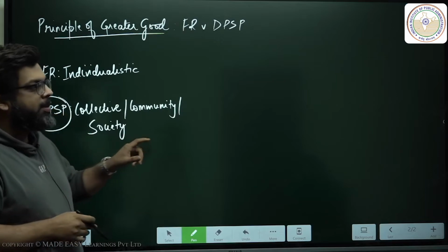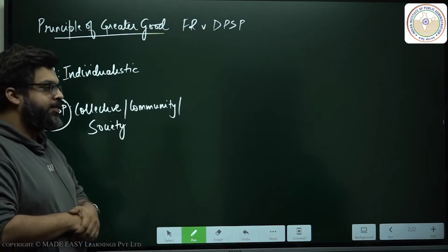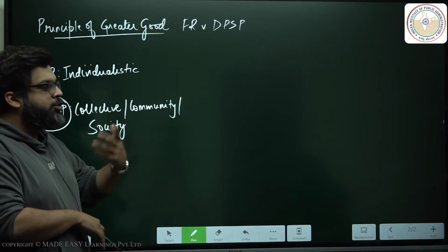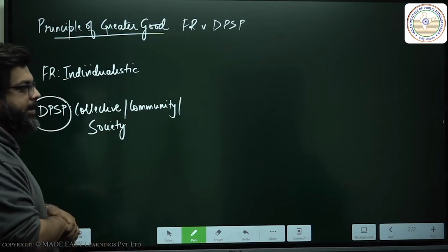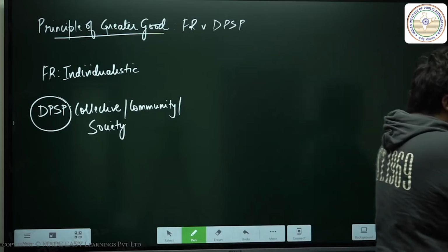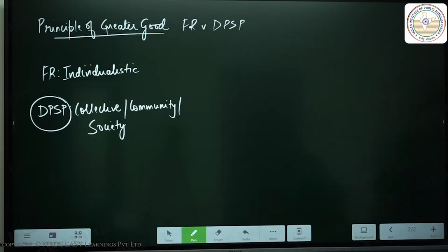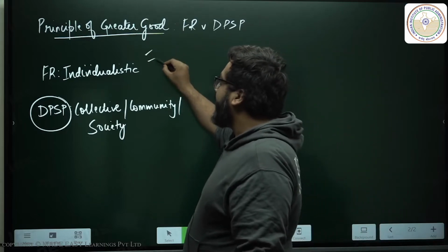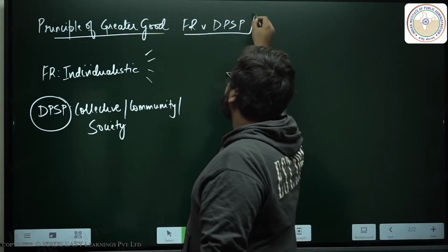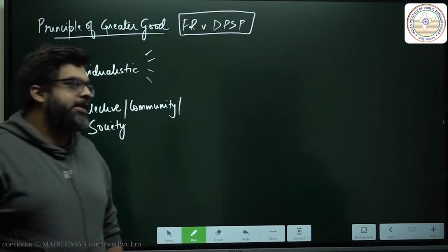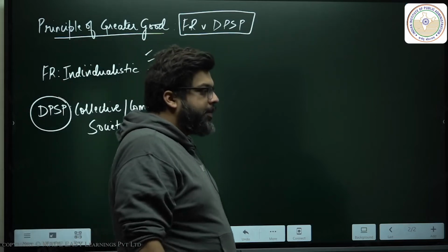But if the government wants to implement a directive principle, wants to enforce a directive principle through a law or anything else, and in the process of this, the fundamental rights of a few people are being violated, this is the genesis or the context of what is called fundamental rights versus directive principles.